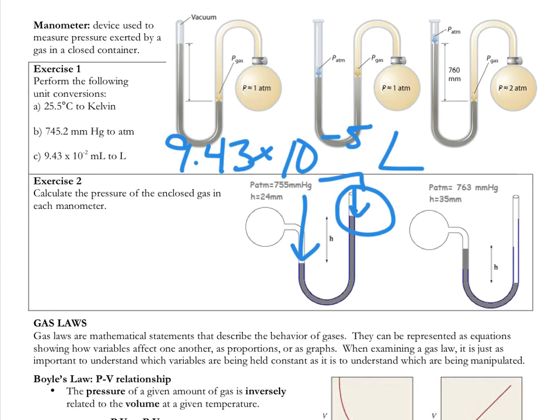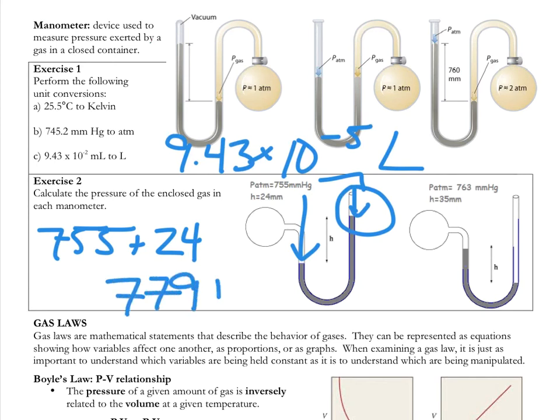It tells us the height, the difference between those. So this one is more. So it's going to be 755, but since the inside is pushing more than the outside, we would add 24. We would have 779, either torr or millimeters of mercury, both are equivalent measurements, as our pressure of the enclosed gas.